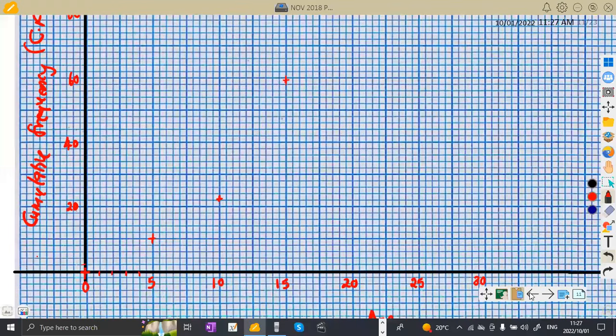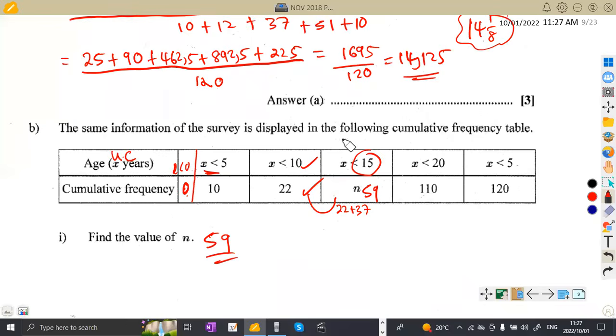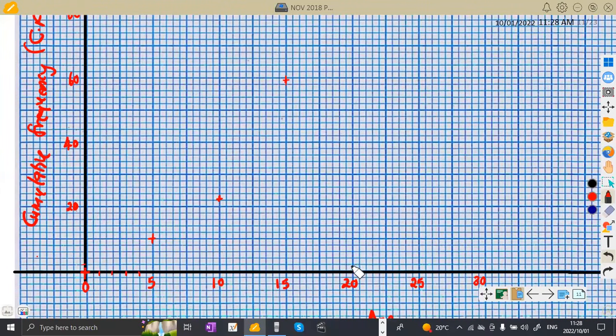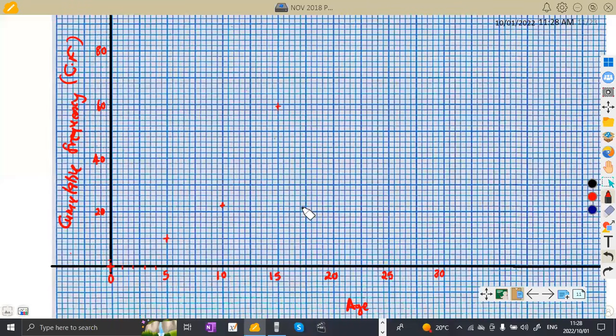All right, let's see the other one, 20 versus 110. Then the next one is not 20 or 5, but 25 versus 120. Okay, so 20 and 110. 20 here, this is our 20, then 110. We actually have those values here, guys. Let us see what we are going to have, because we need 110.